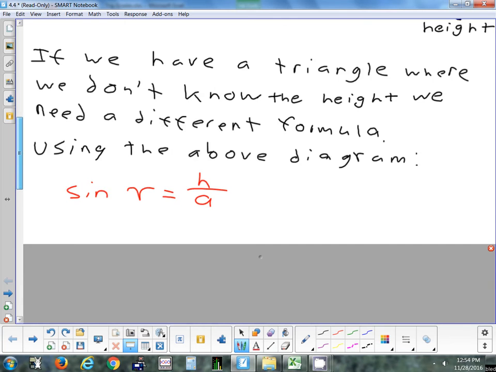Now I want a formula for h, so I want to put a on the other side. How would I move a to the other side? Multiply. Yeah, just multiply by A. That's gone. And there's a formula for your height.